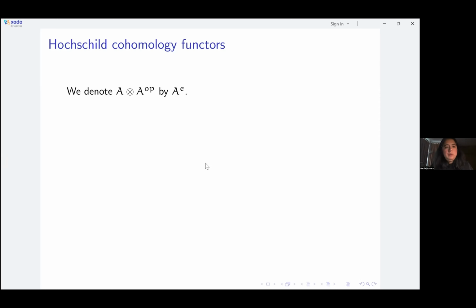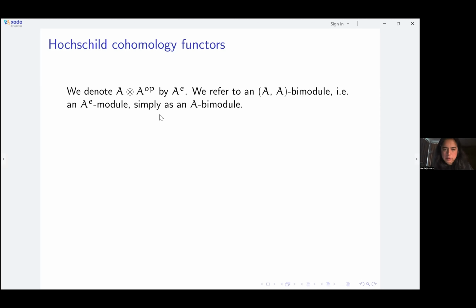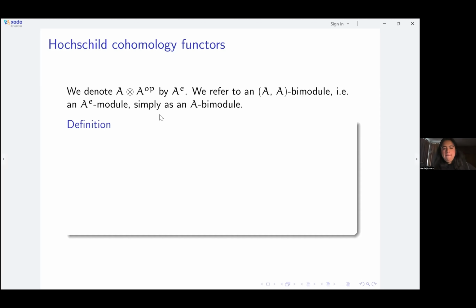So, some notation before continuing. We're going to denote A tensor A^op by A^e. And whenever we talk about A-A bimodule, we're only going to say A-bimodule. And so with this, we can finally give our definition.